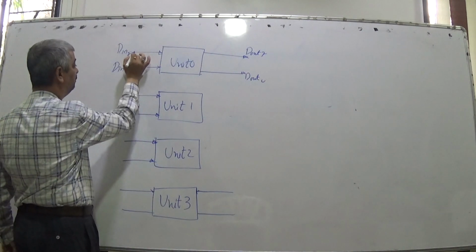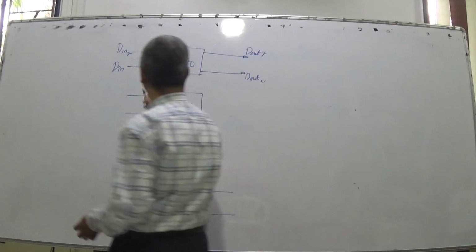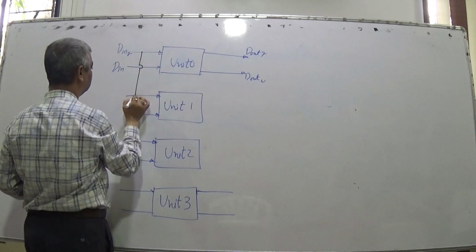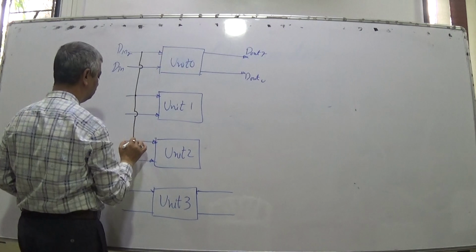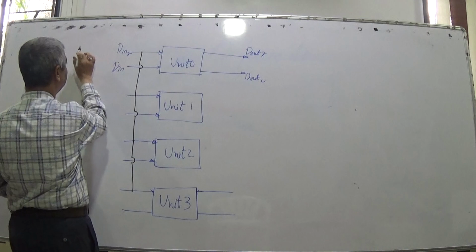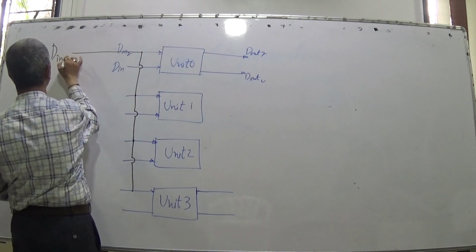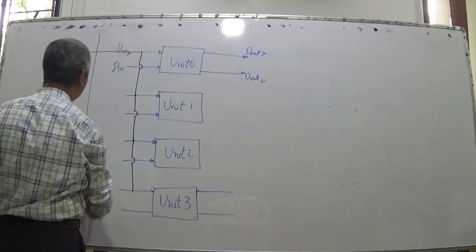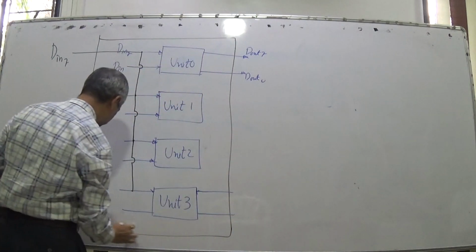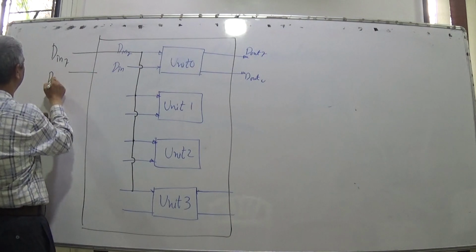So what will I do? D in 7 line of all, I will combine, and this will come as overall D in 7. Just like local and global variables, you might have studied in C programming. D in 7, like that D in 0.